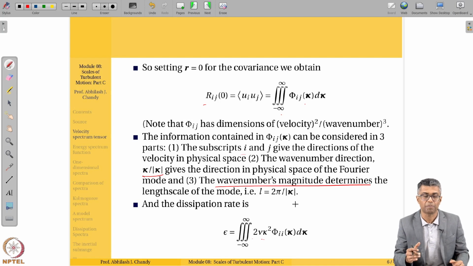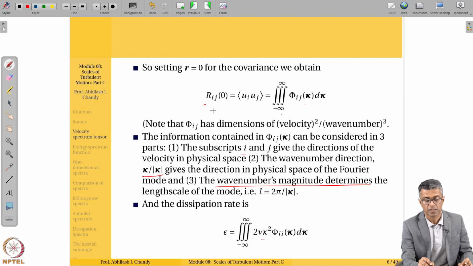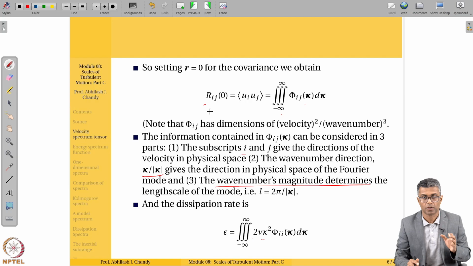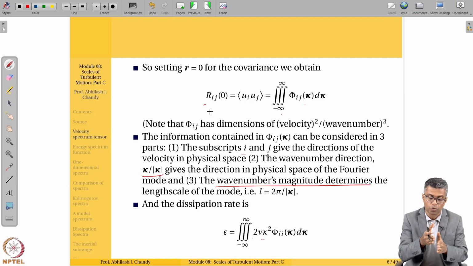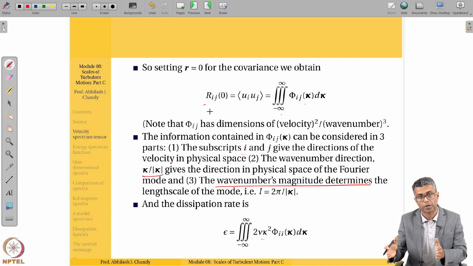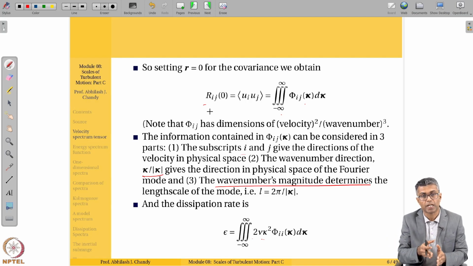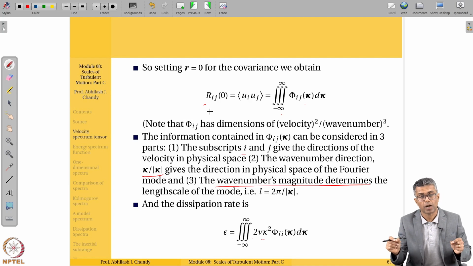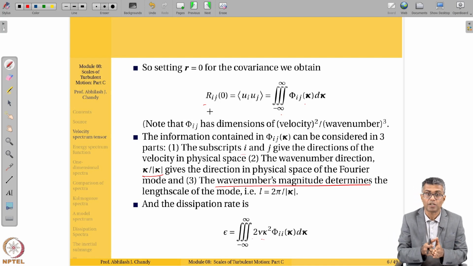So we will need to simplify it in order to gather something that is meaningful, and that's what we are going to do. The basis of that is, if you think about the 2-point correlation, it is basically the correlation between the velocity at one point in space to another point in space separated by r, isn't it? So if you take the correlation of one point with itself, then your small r is 0 because there is no spacing.